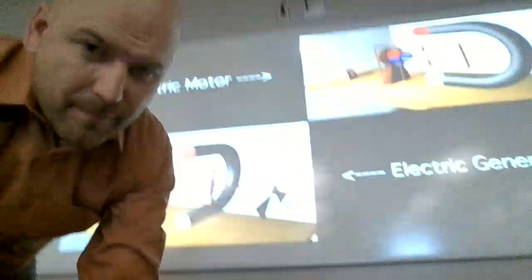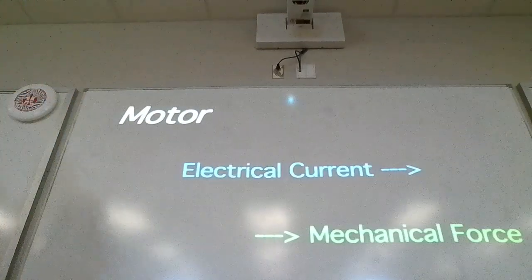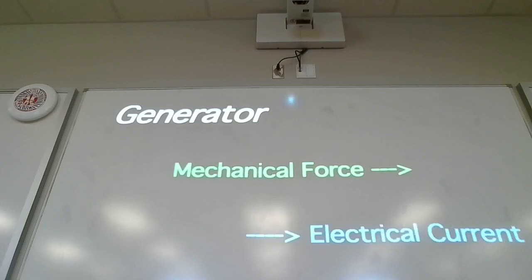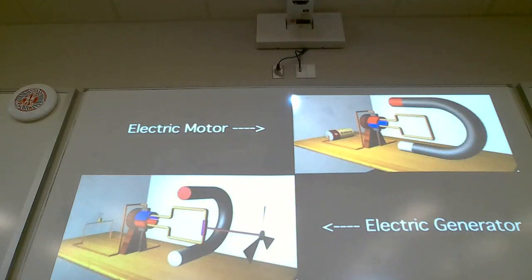In general, the task of an electric motor is to convert electrical current into mechanical force. On the other hand, an electrical generator converts mechanical force into electrical current. So as you can see, we can simply rearrange our motor into a generator.